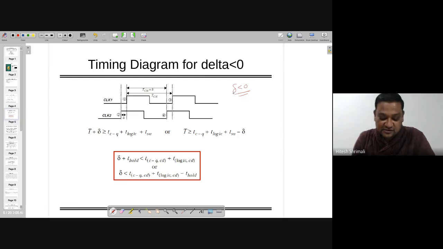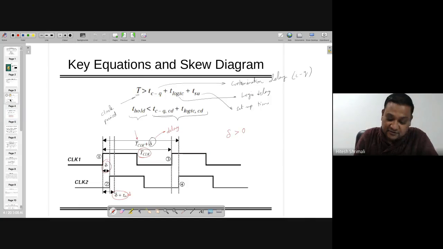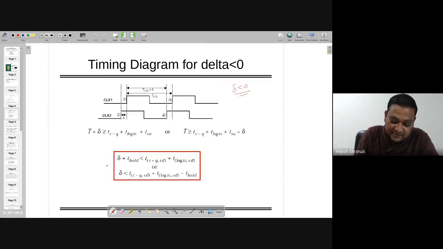Means in this system, delta is less than 0. So if you want to accommodate delta also in this equation, these are the main two equations. In that case, T plus delta, where T is the expected T clock, has to be greater than or equal to the rest of the quantities like contamination delay, logic delay, and the setup time.